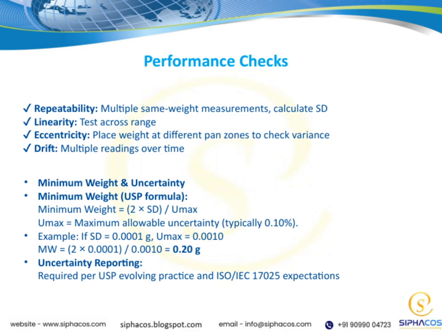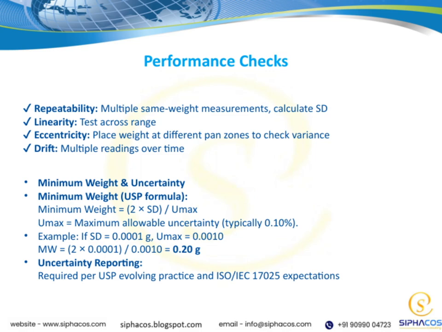Repeatability involves taking multiple measurements of the same weight and calculating the standard deviation to see how consistent our results are. Linearity tests involve measuring across the range of weights we expect to use, ensuring our scale performs accurately at all points. Eccentricity checks involve placing the weight at different zones on the pan to verify that the readings remain consistent regardless of placement.